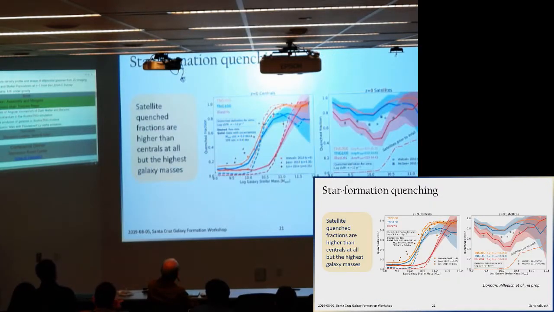And then lastly, this is work by Martina Donari, who's another postdoc in our group, looking at all kinds of properties of quench fractions and quenching timescales in TNG 100 and 300.